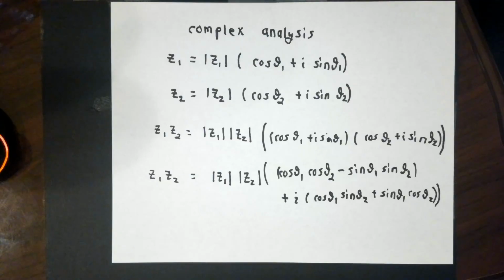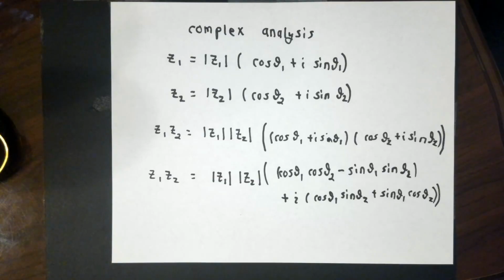we played. What results is a real number, cosine theta 1 times cosine theta 2 minus sine theta 1 sine theta 2, plus this I quantity times the real number cosine theta 1 sine theta 2 plus sine theta 1 cosine theta 2.